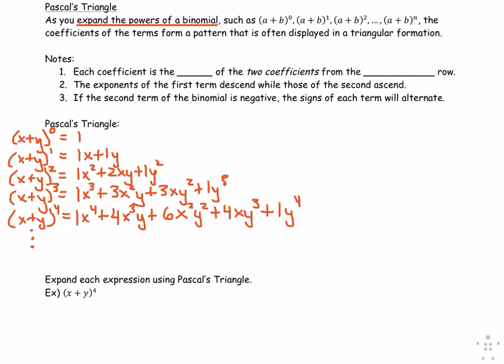The coefficients of the terms form a pattern. It's often displayed in a triangular format. Note the following. Each coefficient is the sum of the 2 coefficients from the previous row.